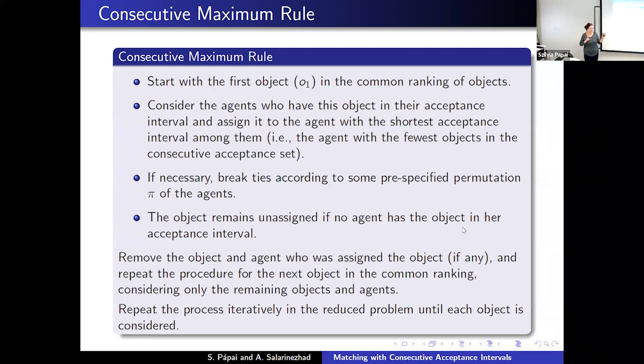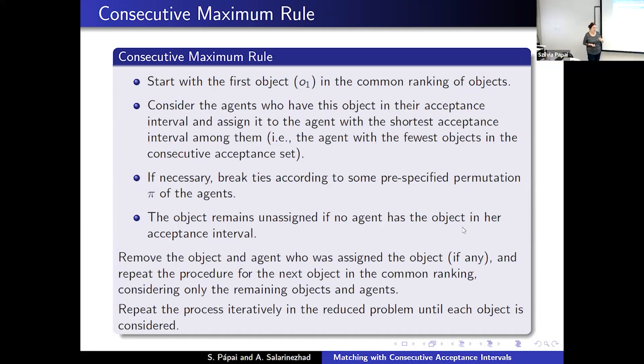We have some issues about how many objects versus agents and how many are acceptable. Actually, our results really simplify for the most part. I'm presenting some results which would be more complicated, but only technically. We can extend all the results, but it's a very convenient assumption here to say that we have enough objects, and the acceptance profile is such that each agent can be assigned an object.